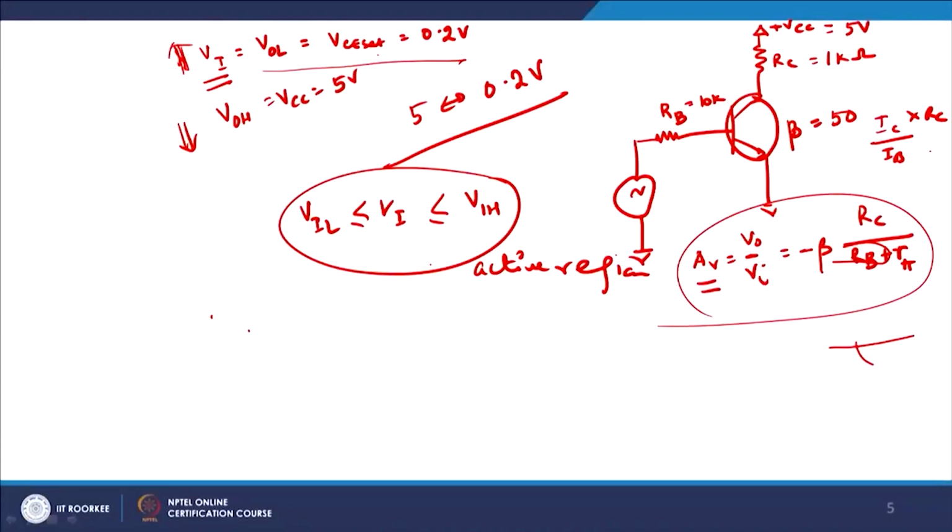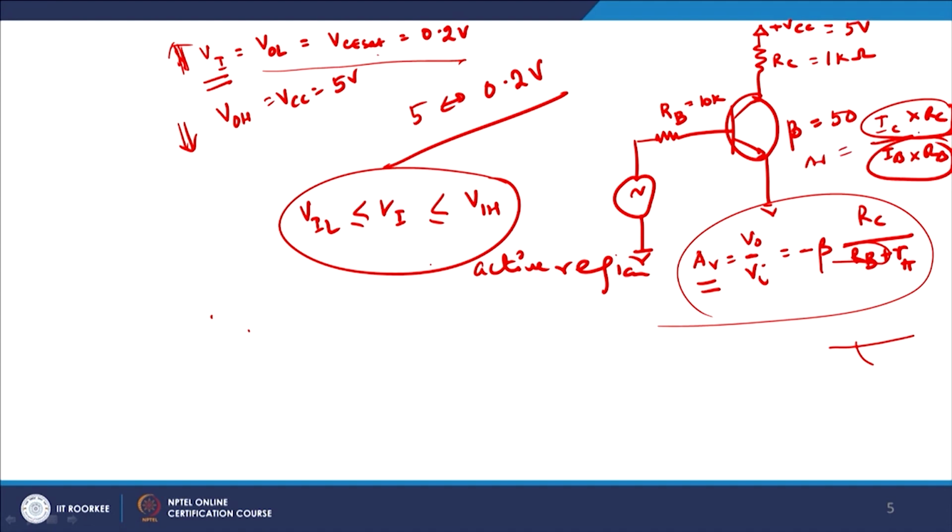So, because beta is basically output current by input current, if you multiply this with RC and divide by RB, I get output voltage upon input voltage, which is exactly equal to the AV value, fine, is it okay.